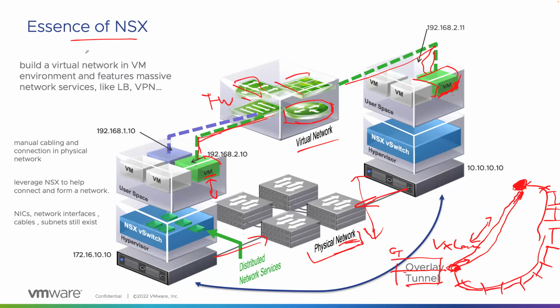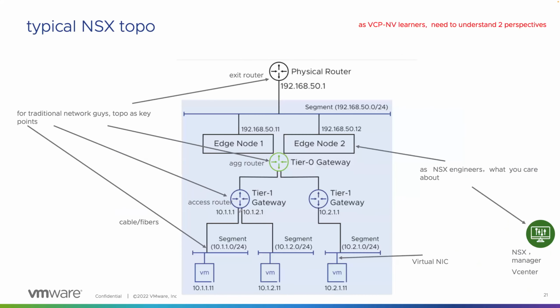Right here we have a tier 1 gateway, which is like an access router, a small router. You can use it in a different department or to connect different segments or subnets. This is another tier 1 gateway for another department or another building. So you can think of it as an access router.